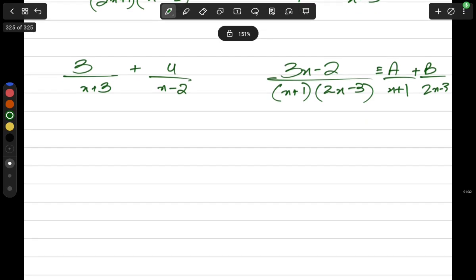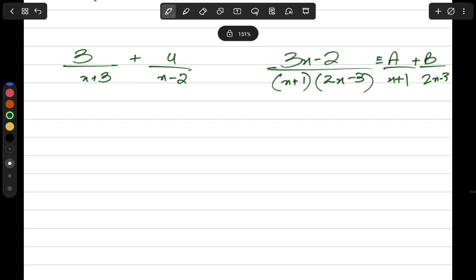Now, you may ask that in the preceding lessons, why did we spend a whole lesson or a whole 40 minutes finding factors in the factor theorem, right? Because before we split (2x minus 13) over (x squared minus 5x minus 6), we must factorize x squared minus 5x minus 6.